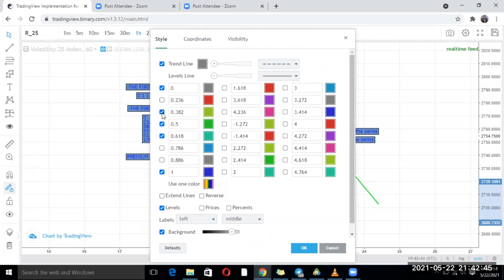All you need is what? Your 50%, 61.8. Now you add 78.6, add 88.6. So for me, these are all the levels I use for my Fibonacci. I don't use this, don't use this.